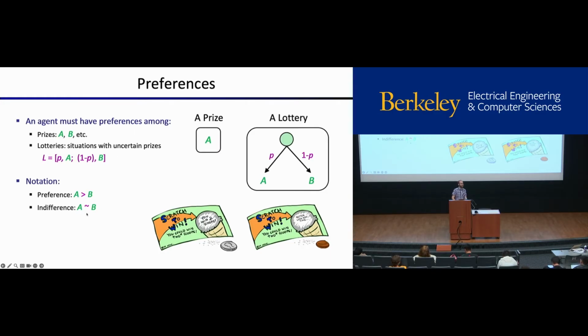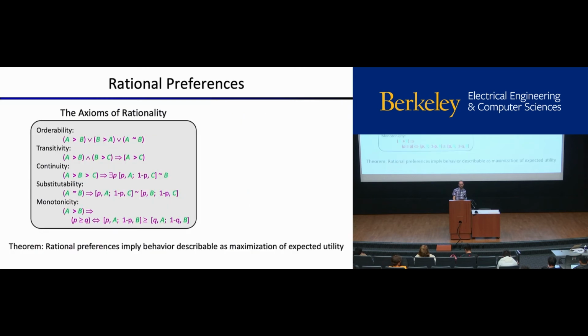That means you're indifferent between the two options. So the possibilities are you prefer this one to that one, you prefer that one to this one, or you're indifferent between them. That's the notation. Okay. And in fact, that's what this thing says. It's going to be one of those three things.